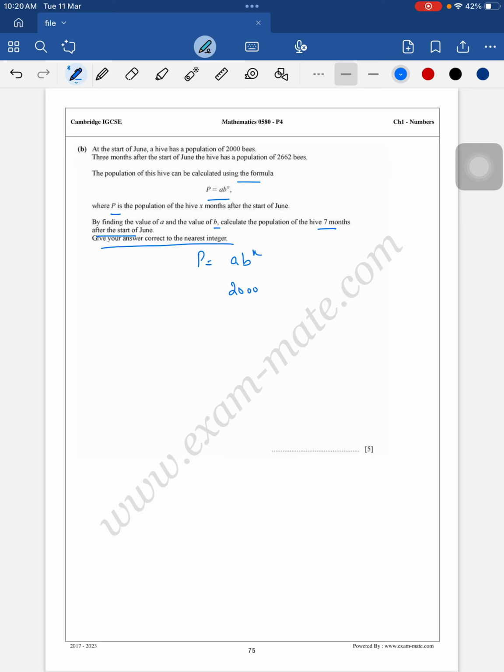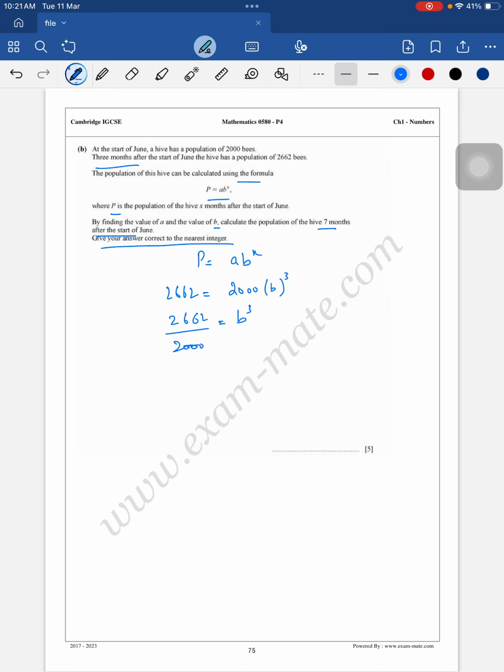and we know the value of B. We know the value of the population after 3 months, right? That is 2662, B's, and X is the number of months. That is how many months? 3 months. So 2662 upon 2000 is equals to B cube. Am I right?